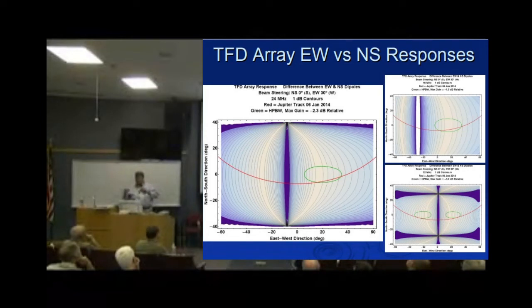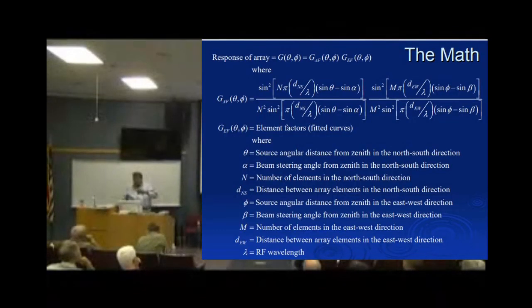And that's why earlier in the year, when I had the array steered way over, we still saw Faraday bands, even though theoretically everything was steered, but you've got such a difference in response between the broadside of the TFD and off the ends of the TFD. Well, this is what you get instead of using an array of 77 TV antennas. And there's all the math behind it for those of you who are inevitably going to ask. Don't worry, there won't be a test.